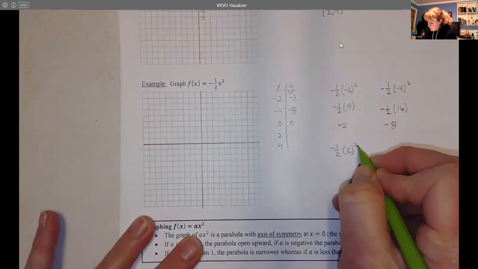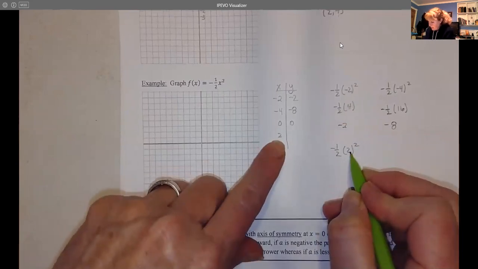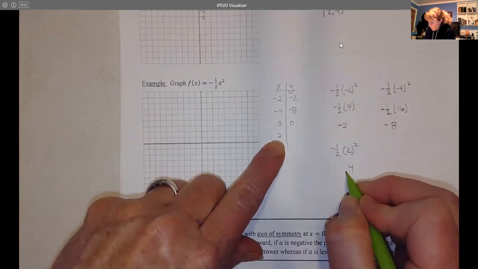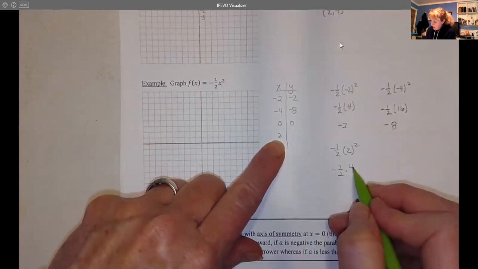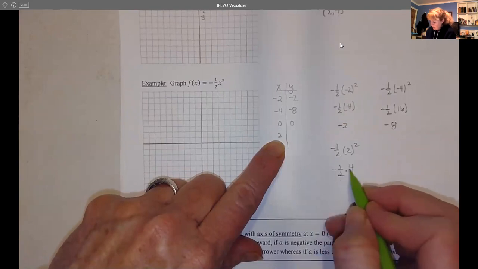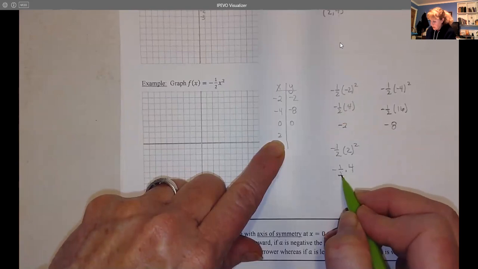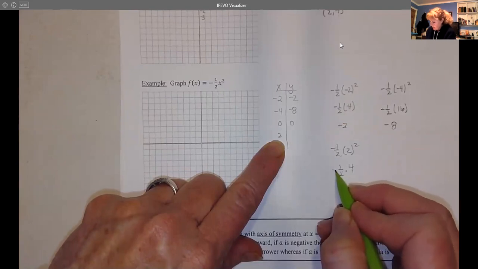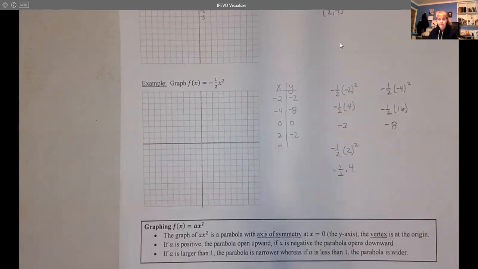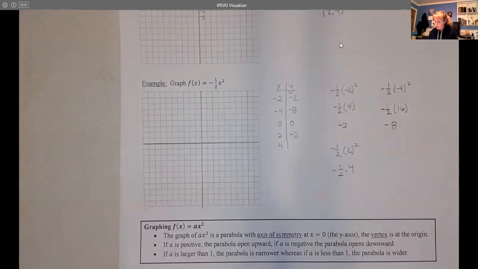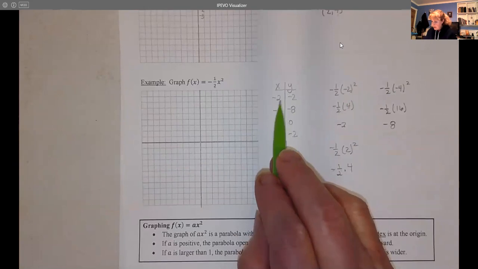I square it, I get a 4 times a -1/2, which gives me 2. Half of 4 is 2, or 4 divided by 2 is 2, and it'll be a negative. So I got the same value as I did with the -2.